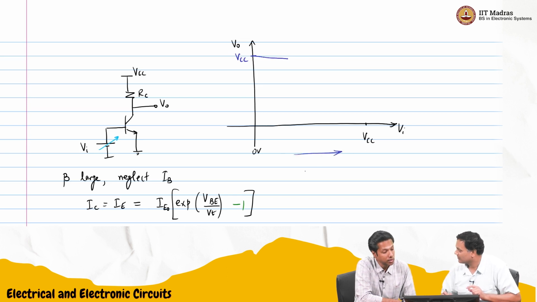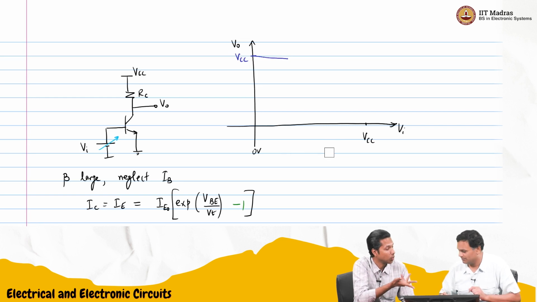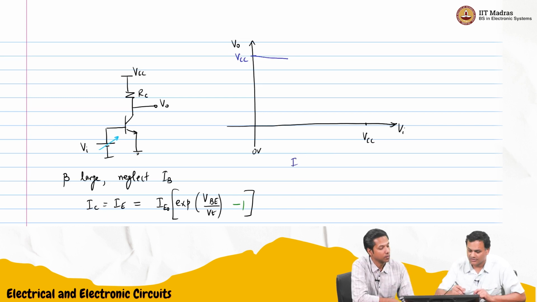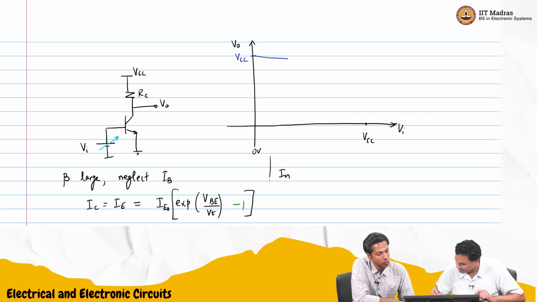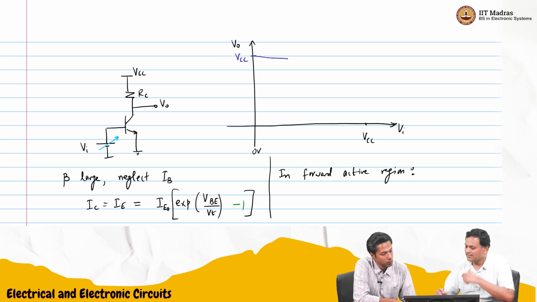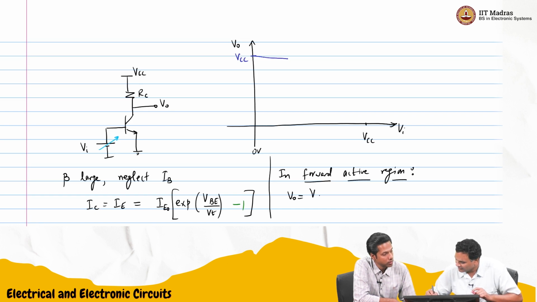Then shall we write the expression for V0 for that region? Since we know the expression for current. In the forward active region, the output voltage V0 will be VCC minus ICRC.